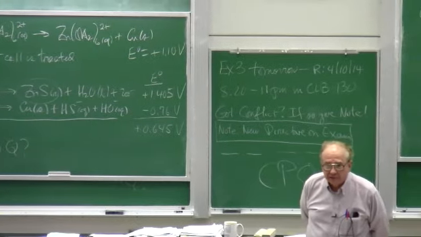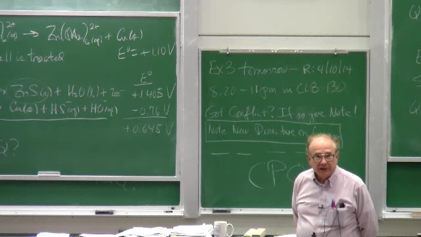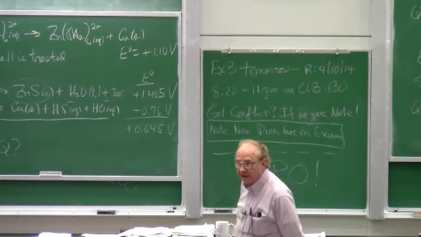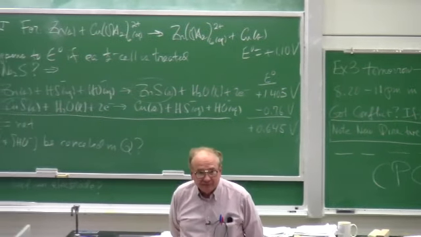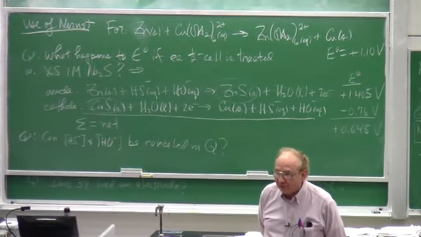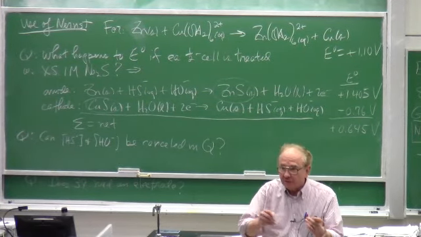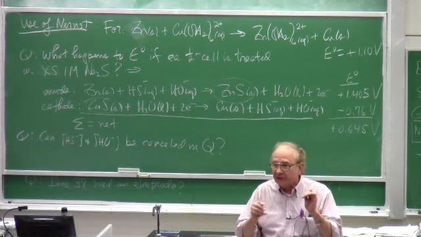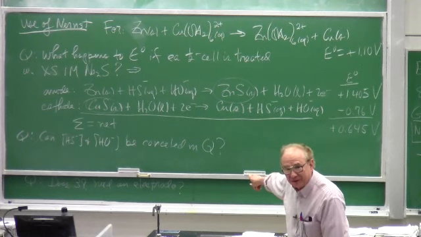So what's this telling you about the relative thermodynamic stabilities of the sulfides compared to the relative thermodynamic stabilities of the hydrated metal ions? Copper sulfide is more stable, isn't it, than zinc sulfide? If the relative stabilities of zinc sulfide to copper sulfide were the same as the relative stabilities of hydrated zinc ion and hydrated copper ion, this would have the same E0 value.